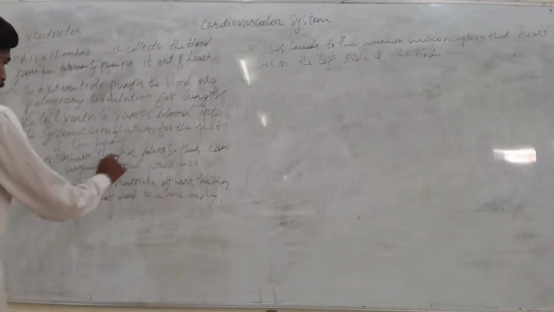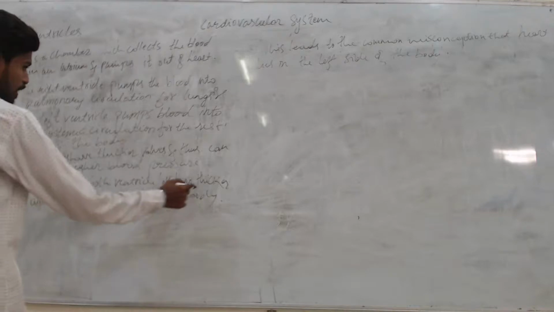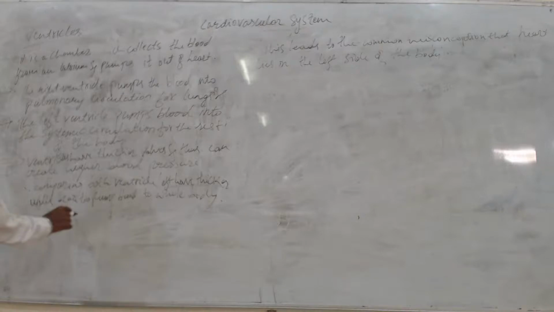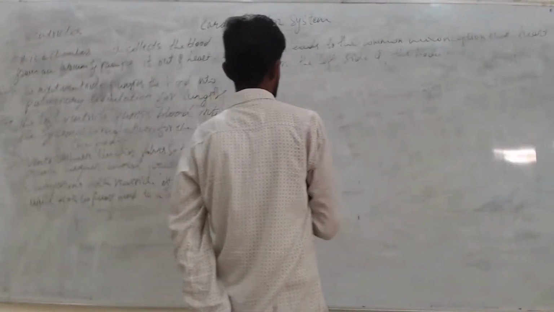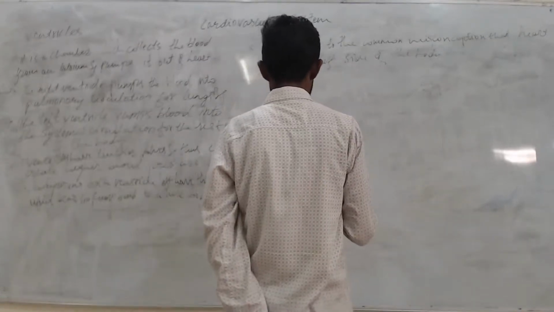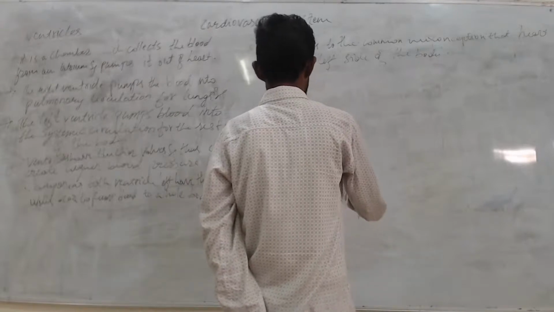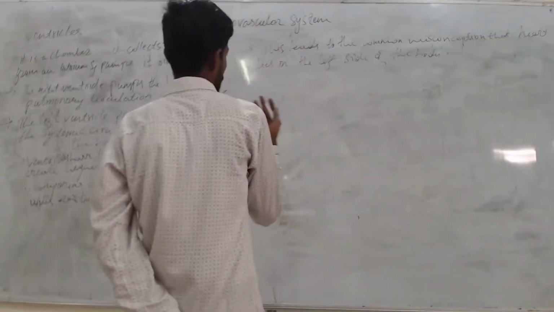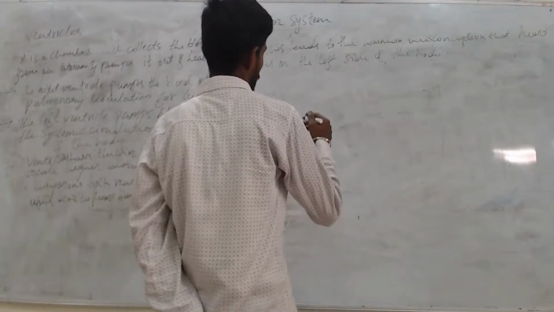Comparing both ventricles, the left has thicker walls because it has to pump the blood to the whole body, and this leads to the common misconception that the heart lies on the left side of the body.